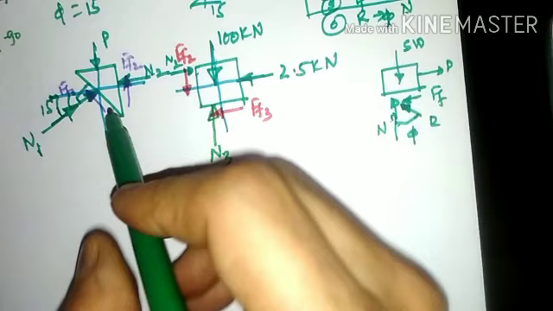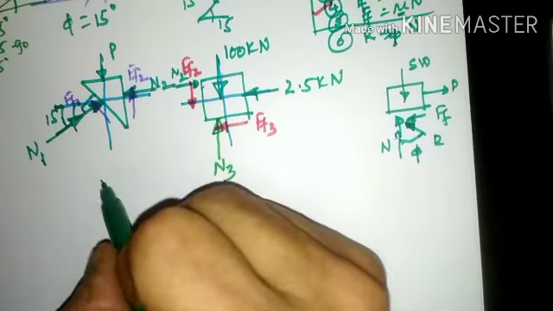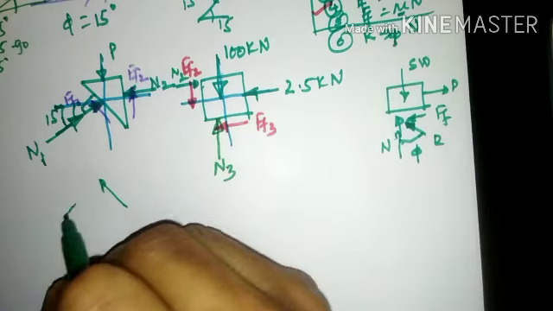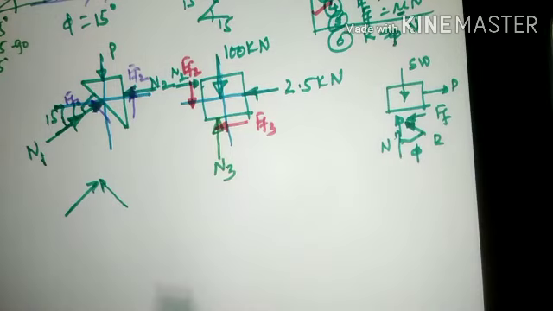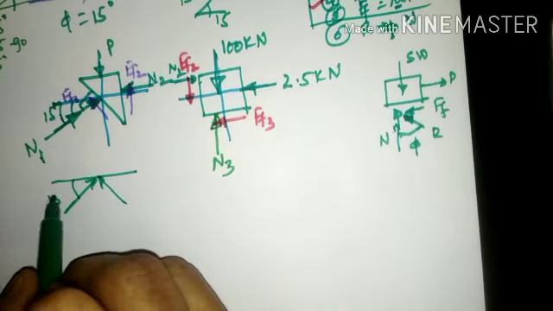Now coming to this particular point, as the frictional force is upward and the normal reaction is inclined here, the x-axis has been drawn in this fashion. Here the inclination is 15 degrees, and the same inclination shall be maintained.